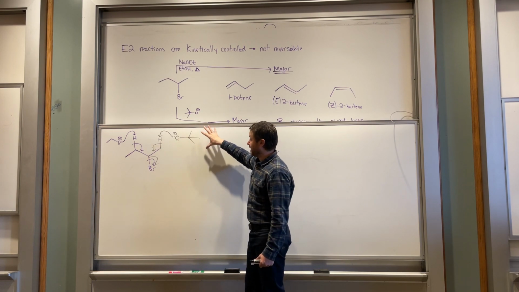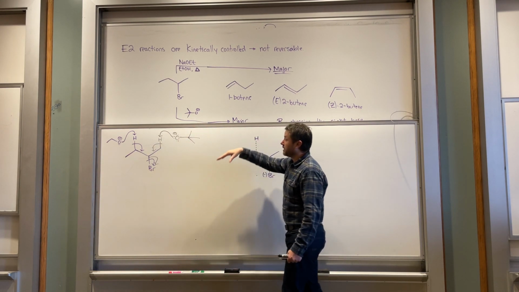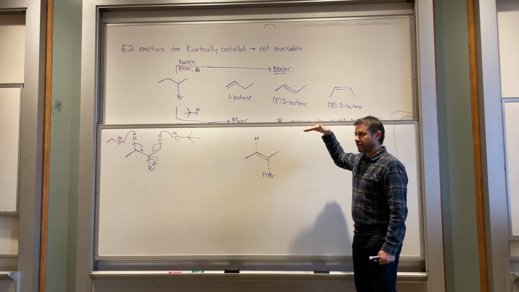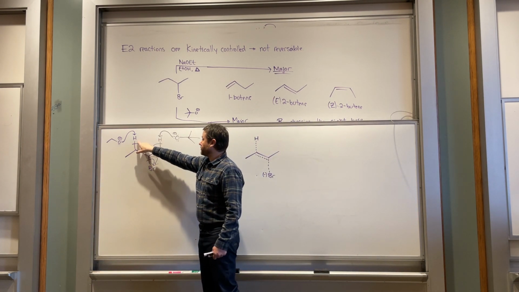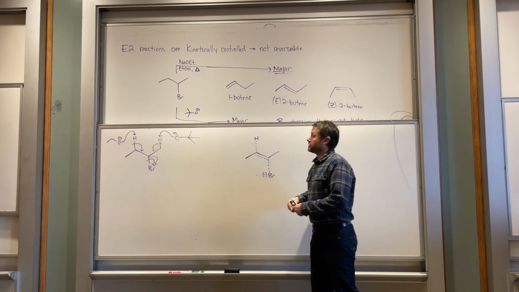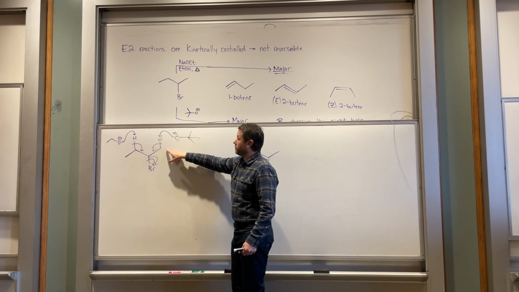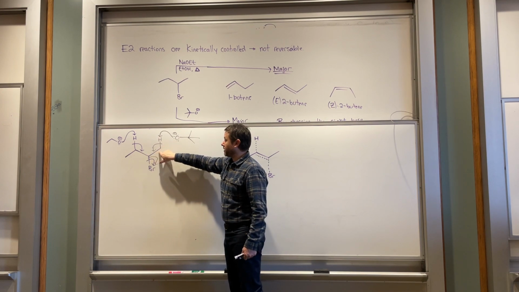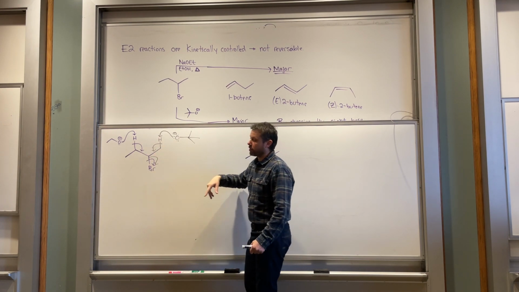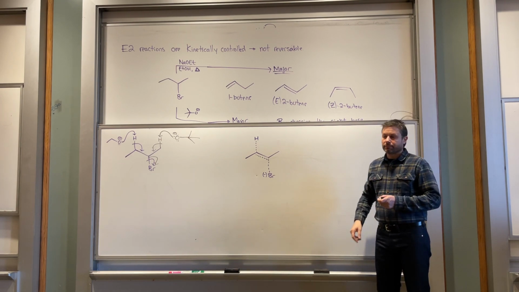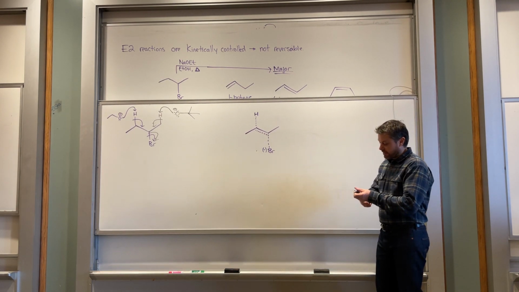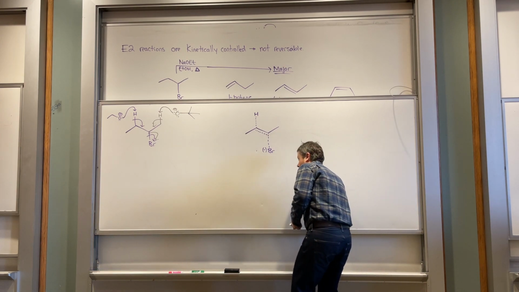So by increasing the steric bulk of the base, we add energy to the transition state for the more substituted carbon. And so that's why kinetically we're forming the less substituted product more quickly.